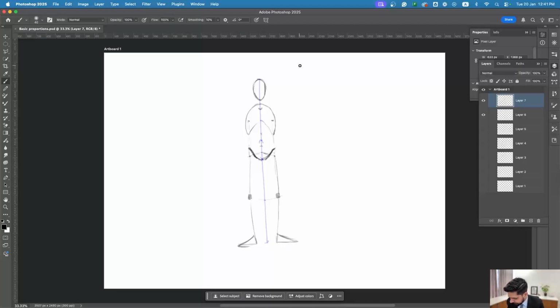Now looking at the hands, where the hands would hang off from, we have the navel point. So we know that the hands can't be here, right? They have to be hanging out a little away from the chest cavity. So that formula is that you take it from here. Then you extend this line from here.